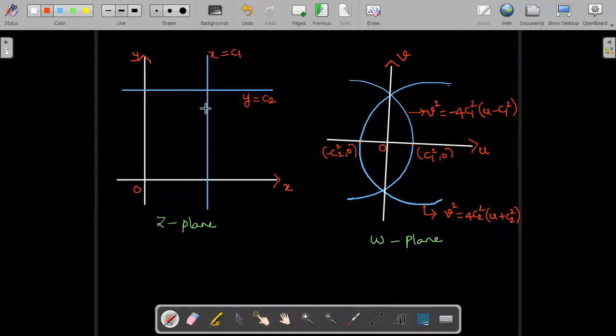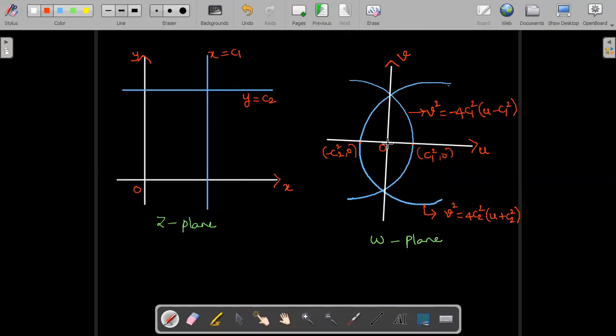We observe that x is equal to c1, a straight line parallel to the y-axis, is mapped onto this parabola, v square is equal to minus 4c1 square into u minus c1 square, whose vertex is at c1 square comma 0 and focus at the origin.